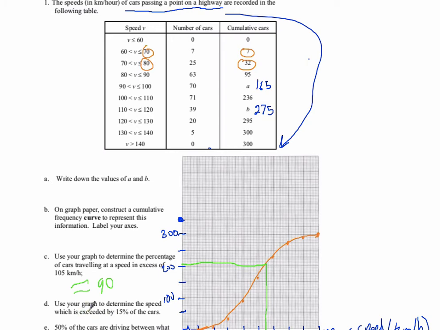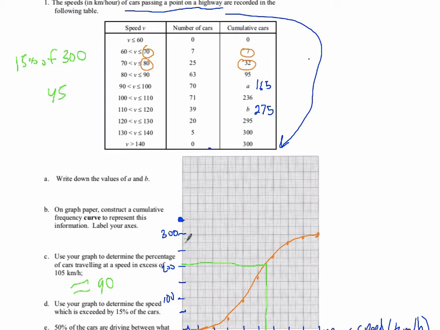Use your graph to determine the speed which is exceeded by 15% of cars. So for 15% of cars, we have to do 15% of 300. 10% is 30, 5% is 15, so that's 45. So we want to get the top 45 cars.